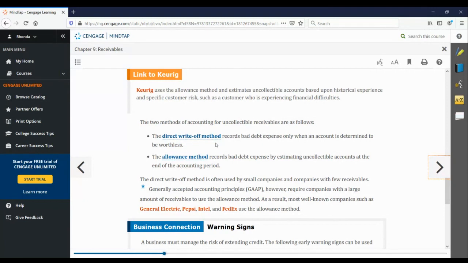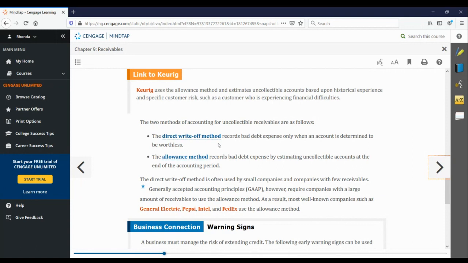The bad debt expense is an administrative expense and will end up in your operating expenses that will go on your income statement. So if you're preparing a multi-step income statement like we did in Chapter 6, the bad debt expense would show up in the administrative expenses portion of our operating expenses on the income statement.